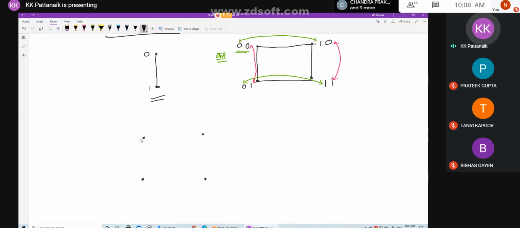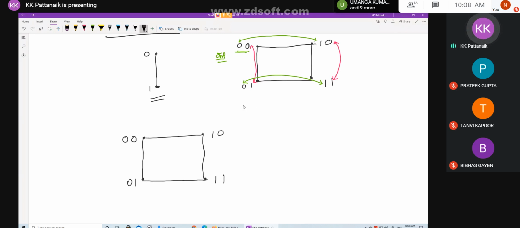So what was it? It was a one-dimensional hypercube 0, 1 and 0, 1, two one-dimensional hypercubes, right? And then when we make it a two-dimensional hypercube, it becomes 0 on this side, and this side it is 1, 1, right? So this is one dimension and this is another dimension.